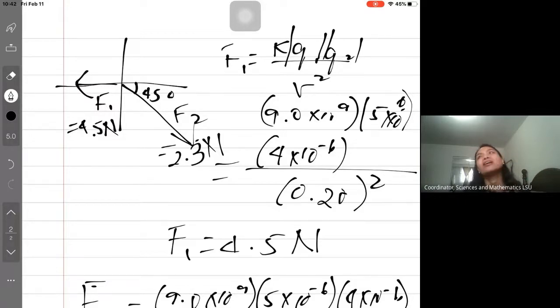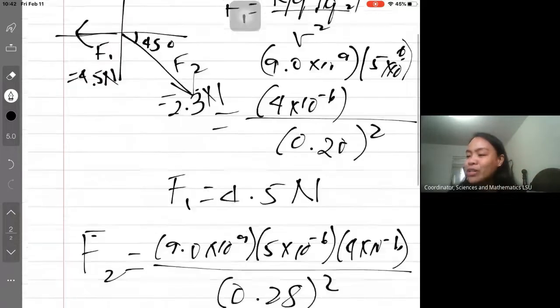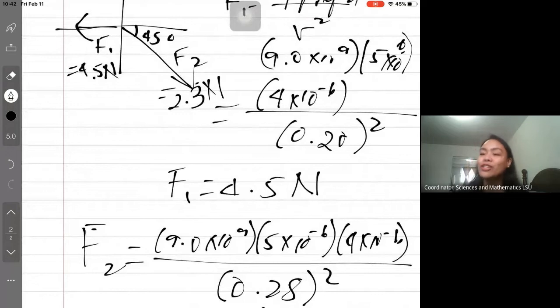It is magnitude and direction. You can use the graphical method or the component method, so kindly review on vectors. For this example, I will be using the component method, which will be easier for me because I don't have to show the graphical method using ruler, protractor, graphing paper. So let's just use the component method.